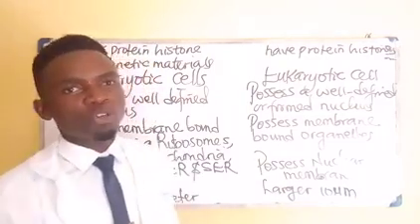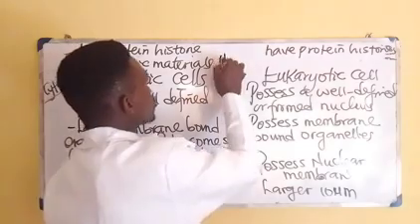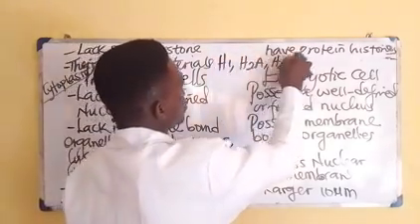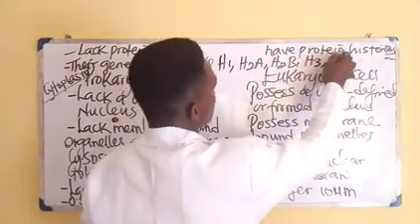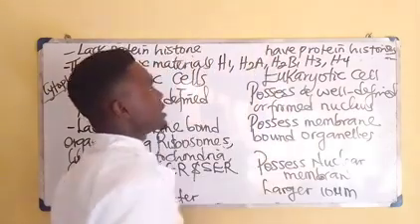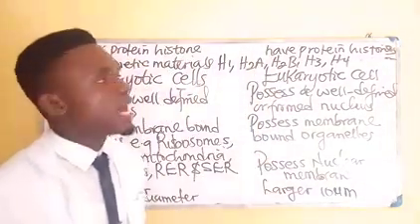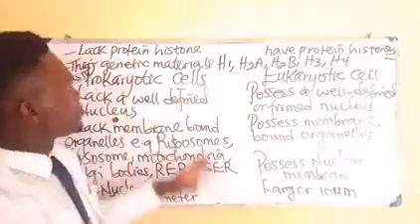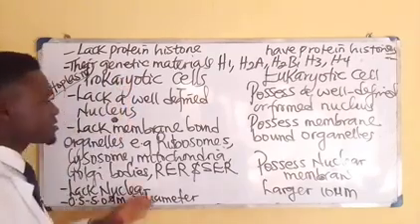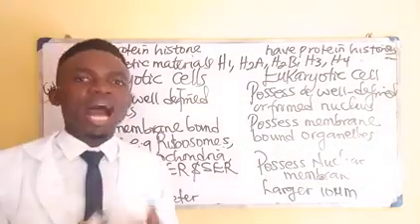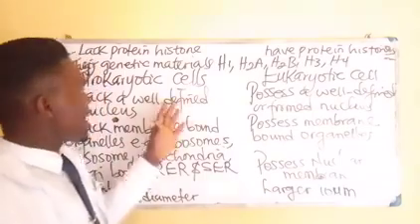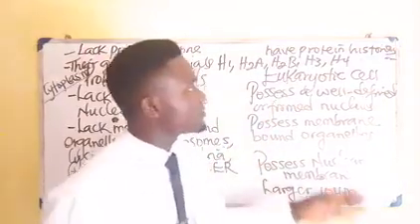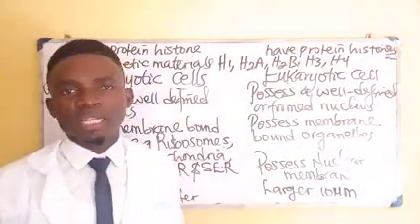We have 5 types of protein histone: H1, H2A, H2B, H3, and H4. All of these are denoted as protein histones, and they are 5 in number. Take note of that. Now, the prokaryotic cell has DNA or RNA, but the eukaryotic cell has DNA and RNA.